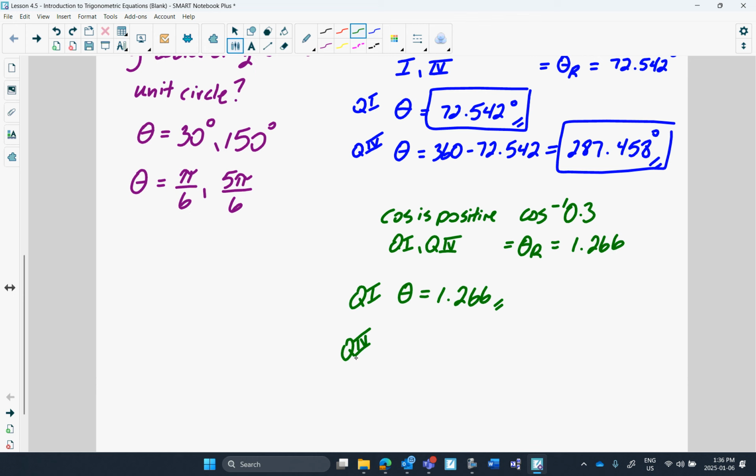Now remember, you've got to change your thinking to radians. It's not 360 minus now. What's a complete circle in radians? It's 2 pi minus the reference angle.